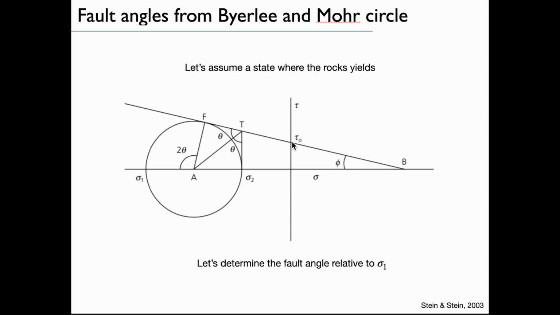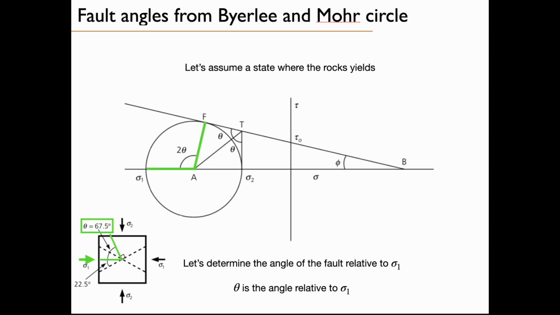Tau 0 is the cohesion there. And now we have a stress state represented by the circle here. Along the x-axis, we have sigma 1 and sigma 2. These are the two principal values, which are the values of the diagonal of the stress tensor in the orientation where shear stresses vanish. So the question here is how to determine the fault angle relative to sigma 1.